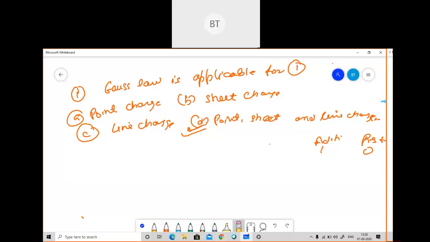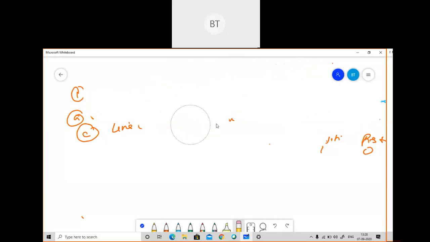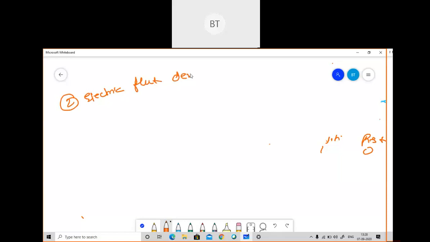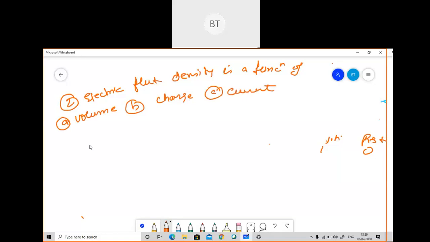So let me write one more question, and let me see how many of you can answer it. Electric flux density is a function of: options are volume, charge, current, or voltage.